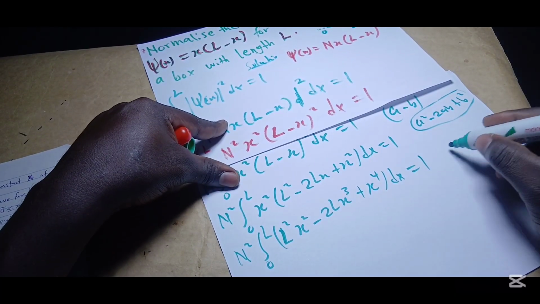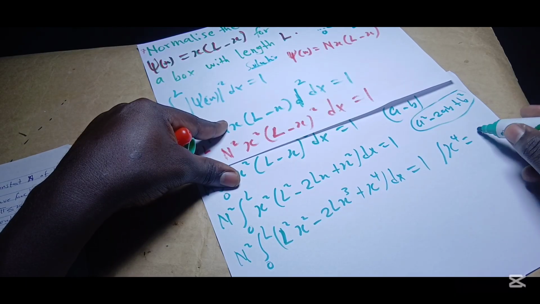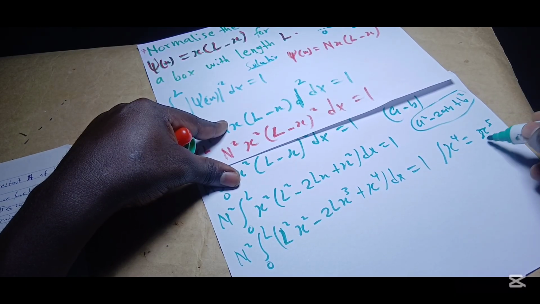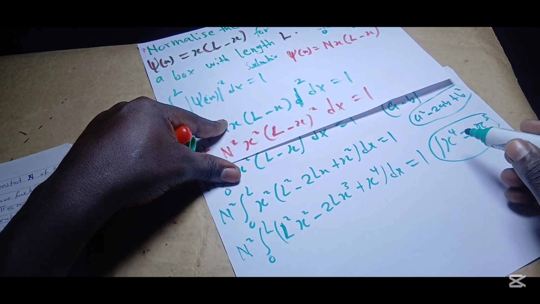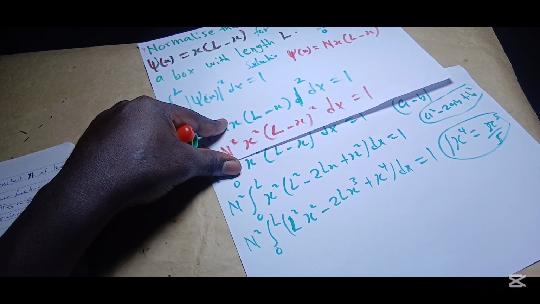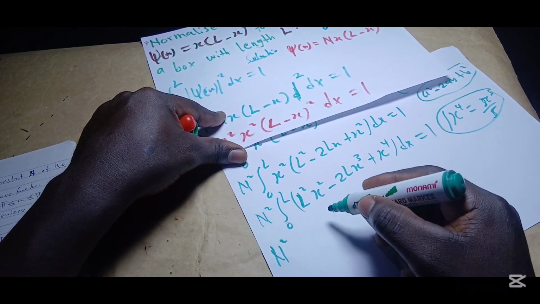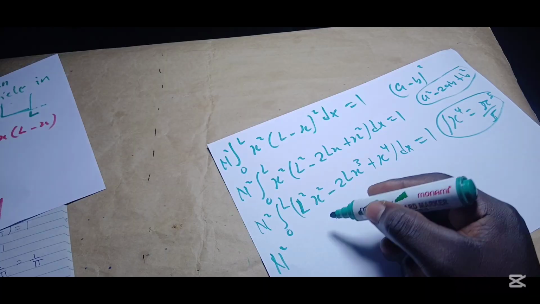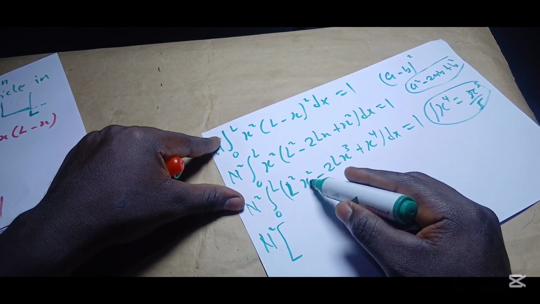So now integrating, if I have x to the power 4 and I'm integrating, it's going to give me x to the power 5 over 5. The power is increased by 1, and everything is divided by the increased power. So now let's do the same here. We are going to get n squared, and we are integrating with respect to x.